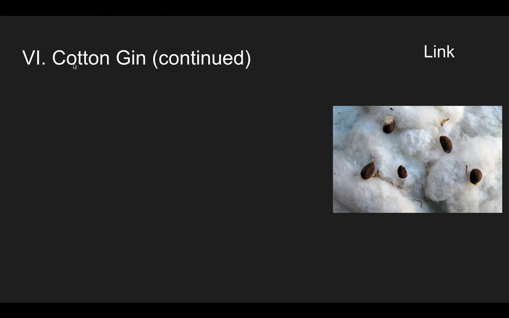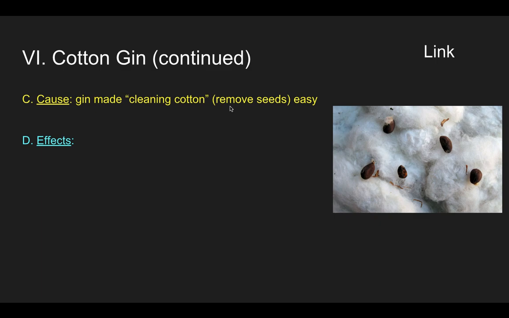So continuing the cotton gin, we'll look at this link in class. Here is a close-up of the cotton fiber, and you can see the seeds attached to it. Generally you'd have to pick those seeds apart from the fluff by hand, but the gin did that automatically in massive amounts. So please write this down, uppercase C, because the gin made cleaning cotton, or removing the seeds, easy.